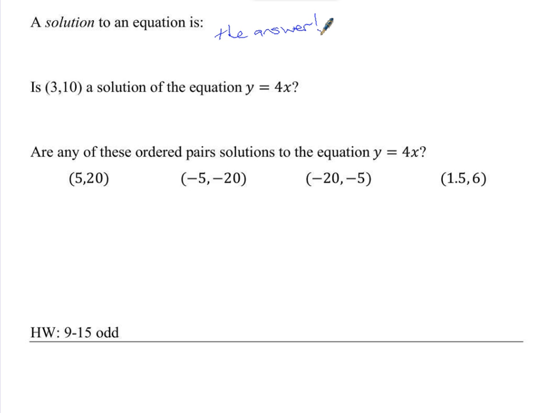But the solution to an equation with two variables in it, which is what we're dealing with, is going to look like an ordered pair, which will be x, comma, y in that order. So if you find a number for x and a different number for y that makes an equation true, then your answer will look like this. You'll write your ordered pair down and then you'll put a box around it showing me that that's your answer.